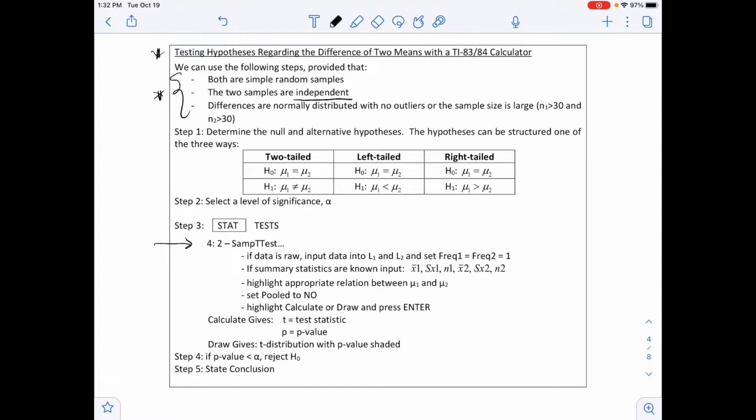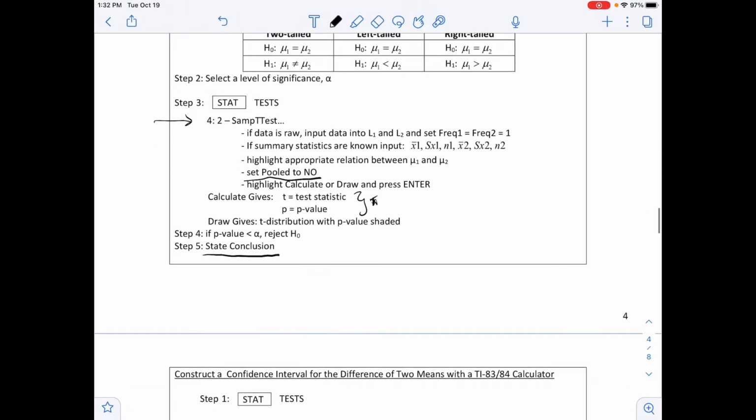You need to set pooled to no, and then highlight calculate or draw, and press enter. When you do, you'll get t, which is your test statistic, and p, which is your p-value. Step 4 says if the p-value is less than alpha, we reject our H naught. And step 5 is to state our conclusion, like we have been doing.